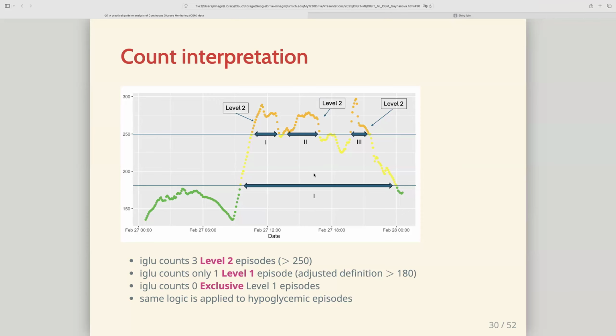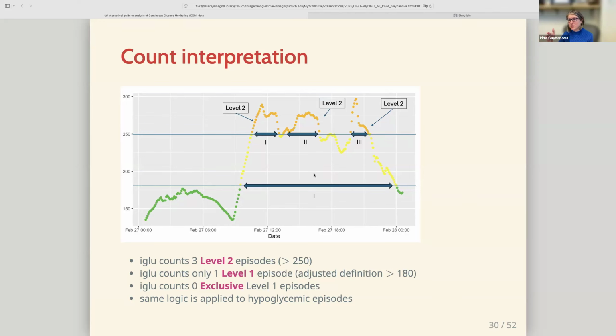So from CGM data alone, we can identify events like episodes, and then there is another type I'll show you. If the events come from a different source, that means you'll have to load the different source, or you need to tell iglu what are the times that you want to look at. For example, it's not on the slides, but we do have a functionality to do meal times and postprandial curve metrics.